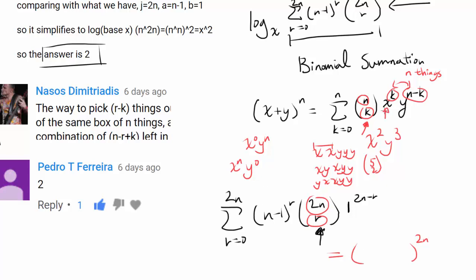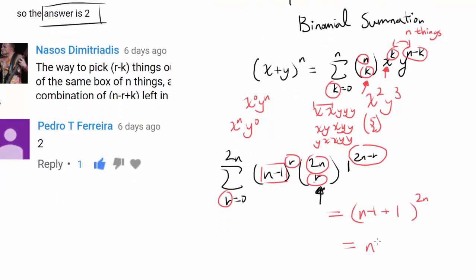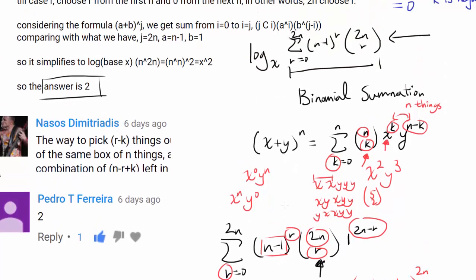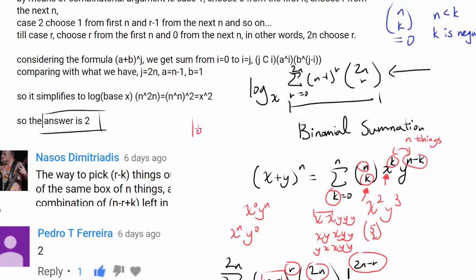And we have our value x, which is n minus 1, raised to this power, and the rest of it, 2n minus r, is raising 1 to that power. So we have another plus 1. So this thing simplifies to n to the 2n power. So we have log base x of n to the 2n.